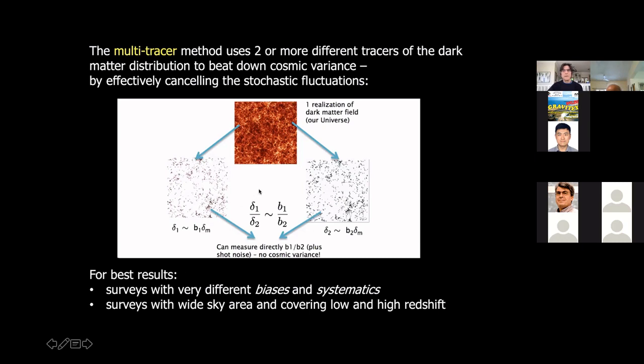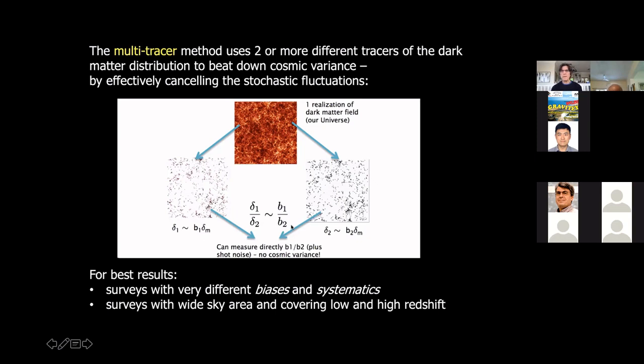So in a sense, what you have is the following. You have a realization of the dark matter field with Galaxy Survey 2 and Galaxy Survey 1. And each of them has a different bias, so B1 and B2. And then effectively you take delta 1 over delta 2, and the delta matter multiplying B1 and B2 cancels.